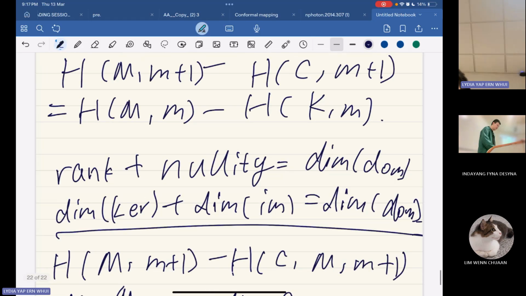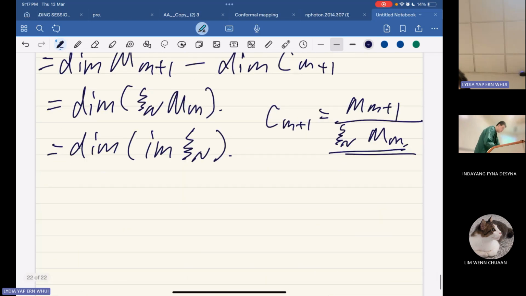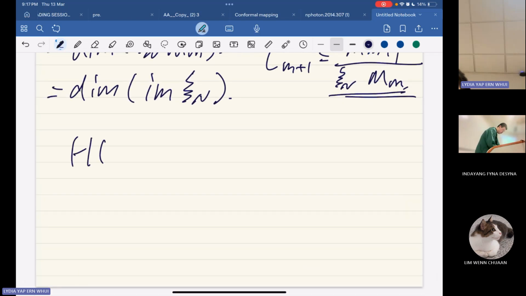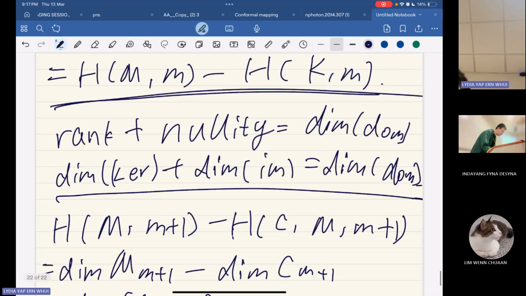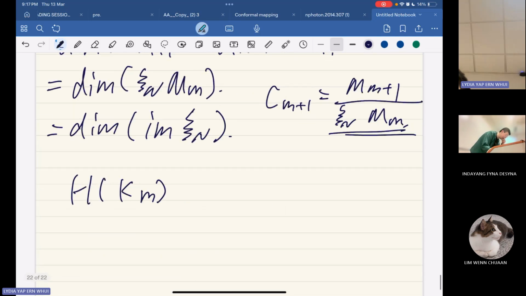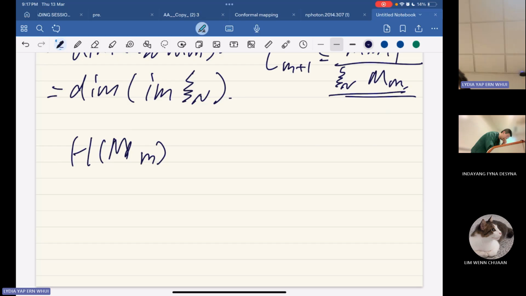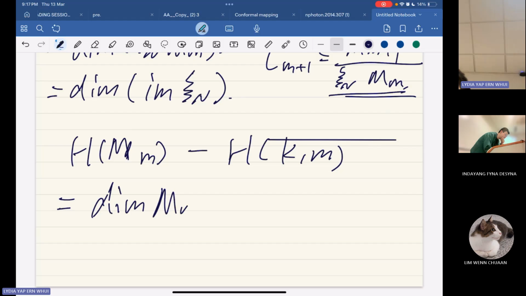And also, let's see the right side. We want to compute HM(m) minus HK(m). It is equal to the dimension of M(m) minus the dimension of K(m), right?